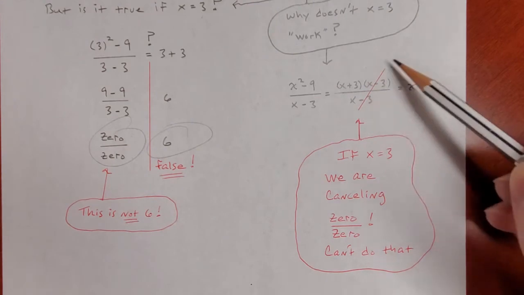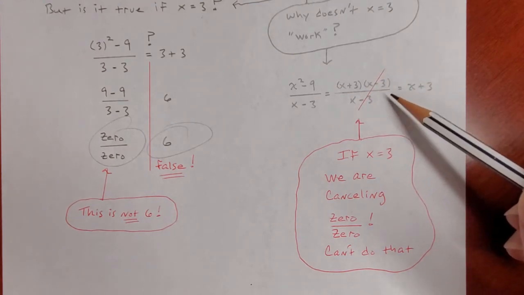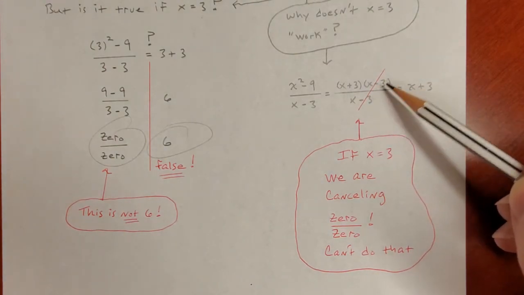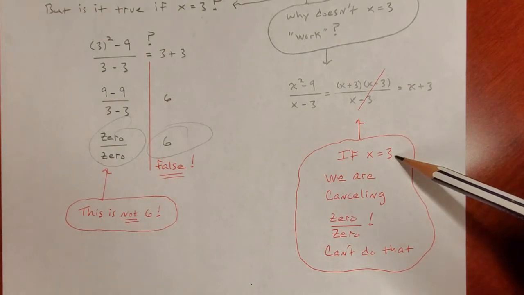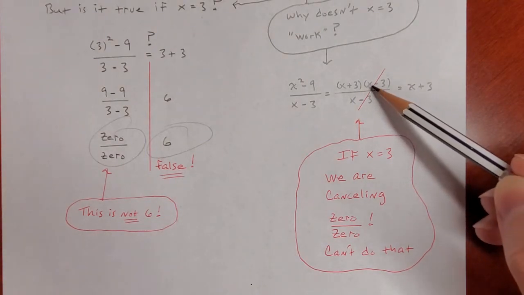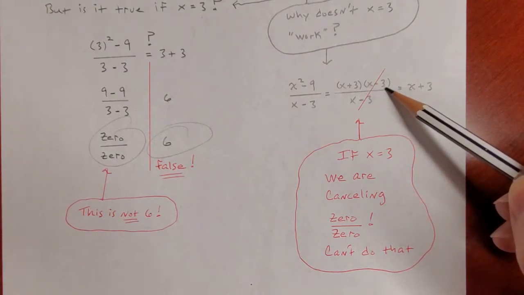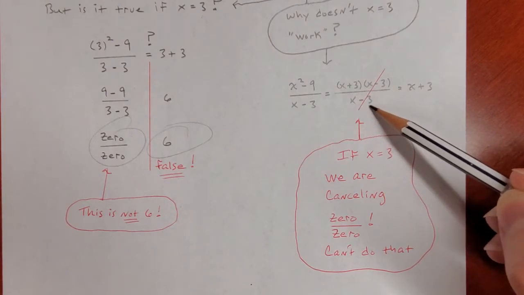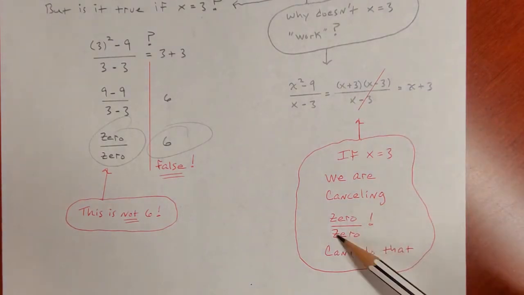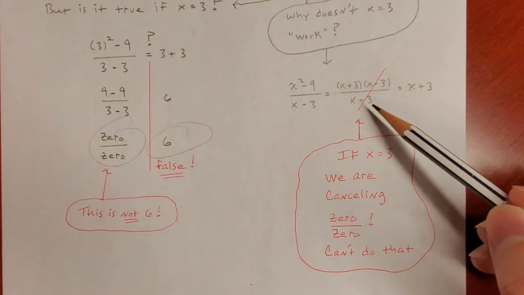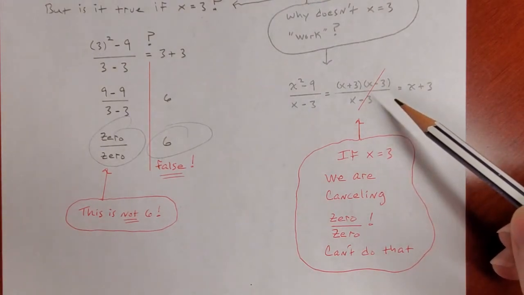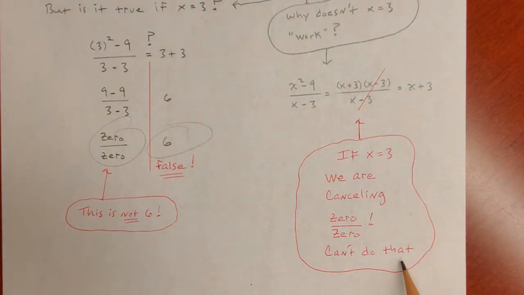That's really all canceling is right here. But what are you canceling if x is 3? What's 3 minus 3? 0. What's 3 minus 3? 0. Does 0 over 0 cancel to 1? Definitely not. Okay? You can't cancel 0 over 0.